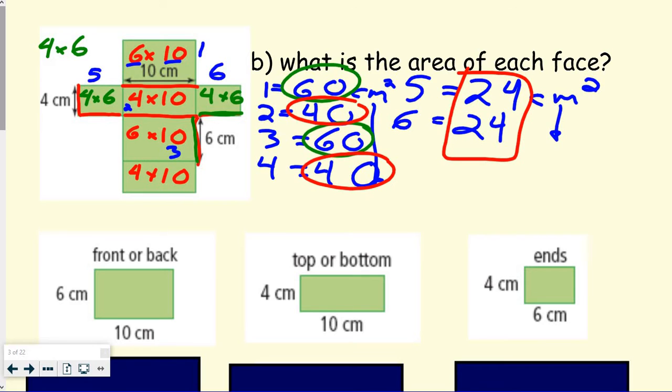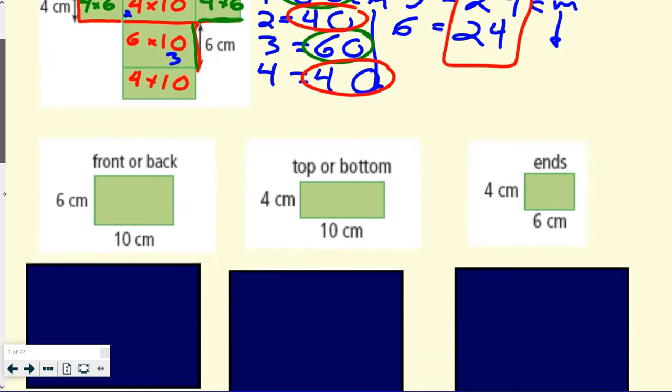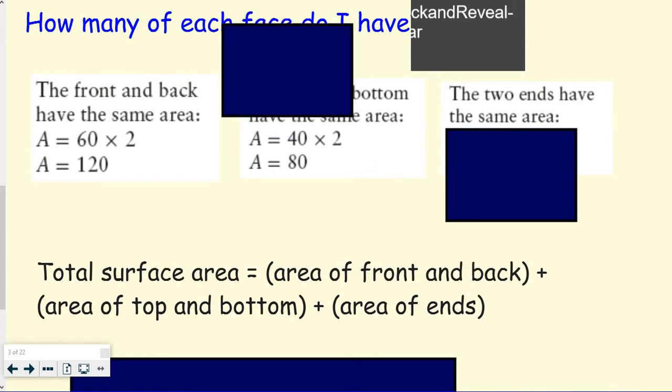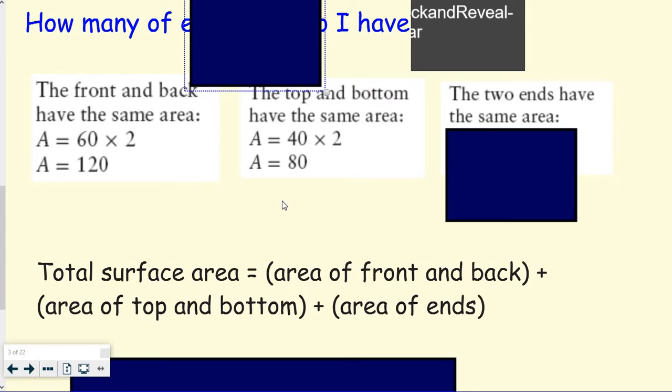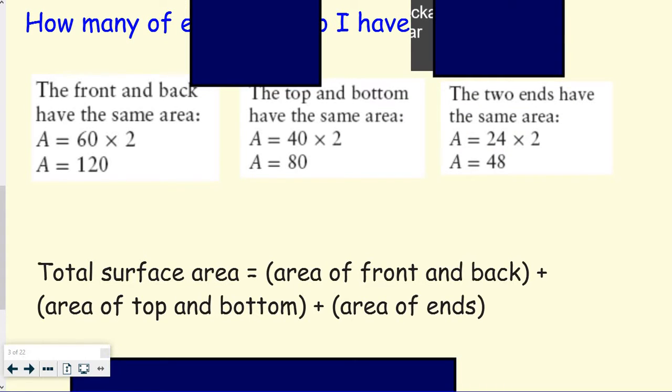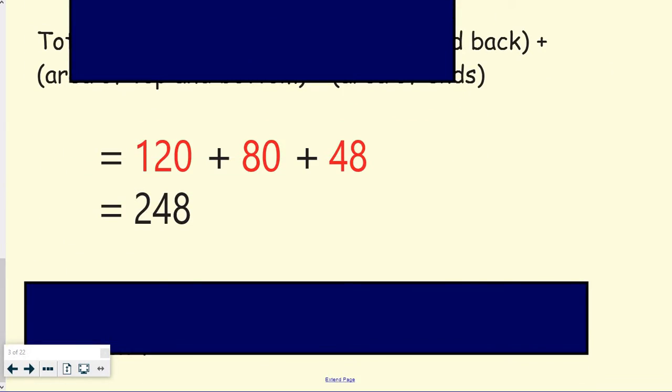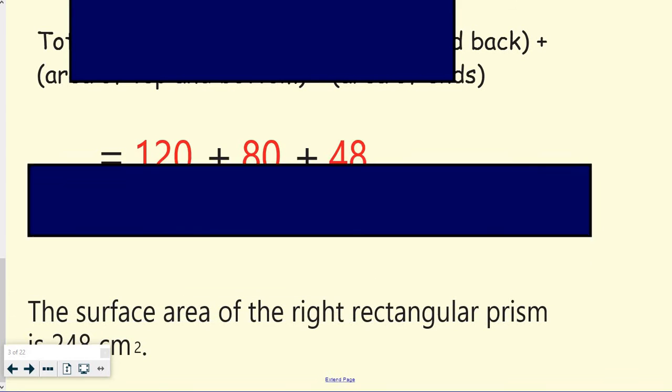So when we scroll back down, you can see that we have 120, and if we move this up here, 40 times 2 and 24 times 2. So the total surface area of front and back, plus the area of top and bottom, plus the area of the front ends, and I hope you are doing this at home, is 120 plus 80 plus 48 equals 248.